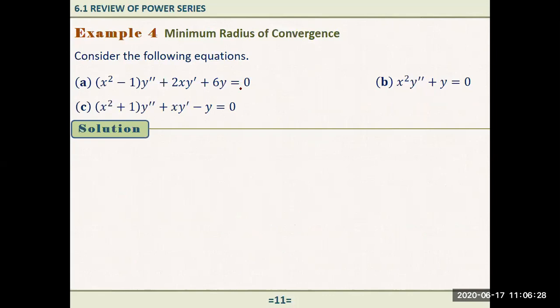Consider the following equation. It's about the minimum radius of convergence. For example, in A, let's find the singular points. Here a sub 2 is equal to x squared minus 1. So the singular points are x equals plus or minus 1, right? So if I draw our number line, that is our 0. Here we have -1, here we have 1.